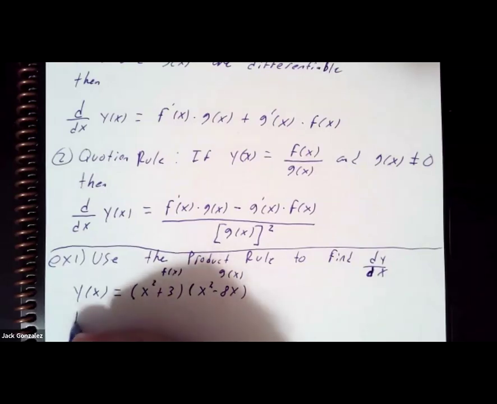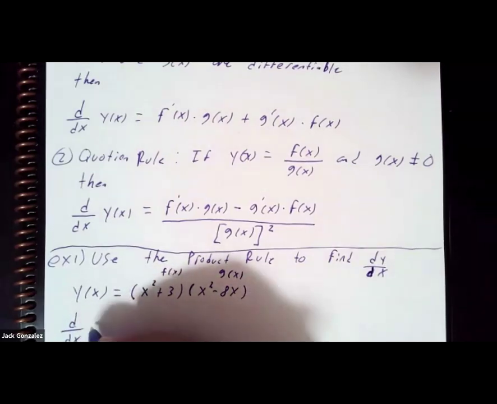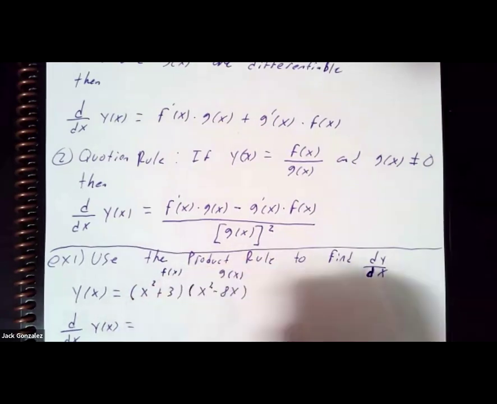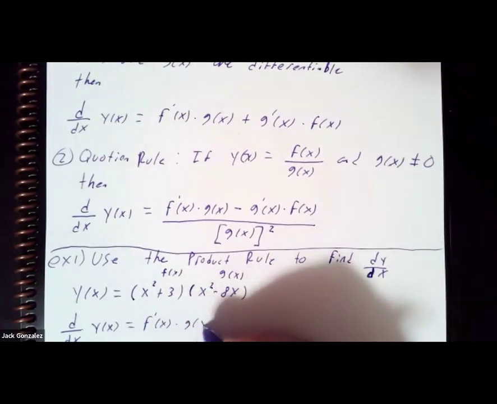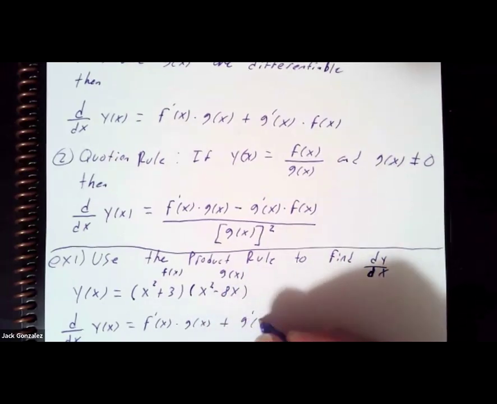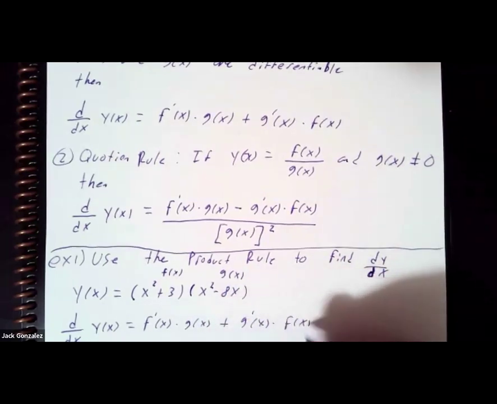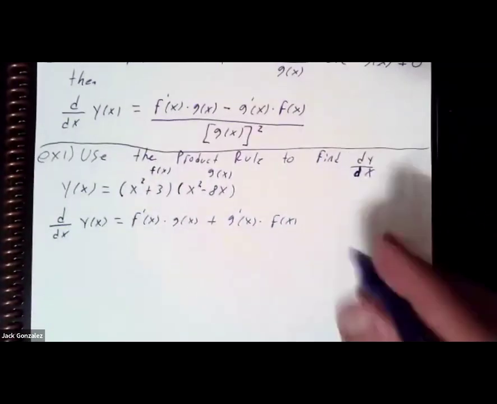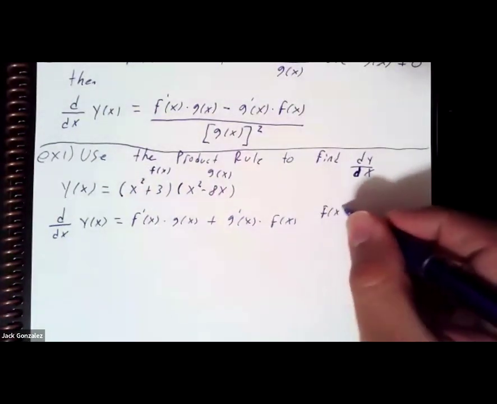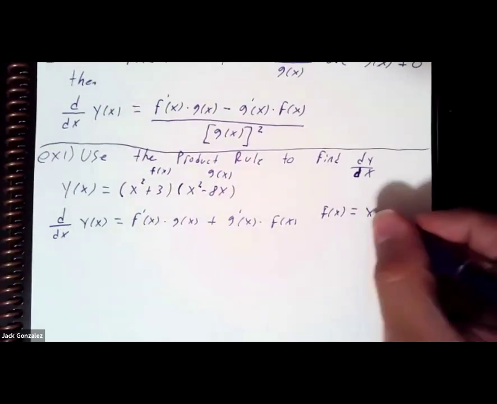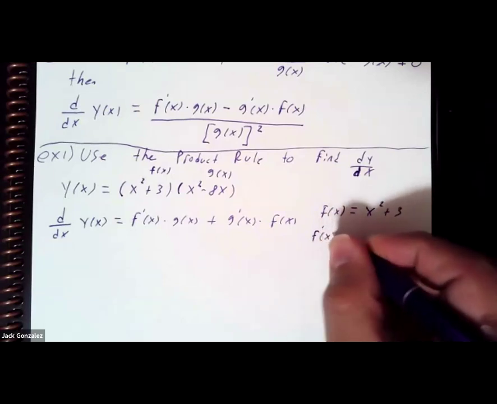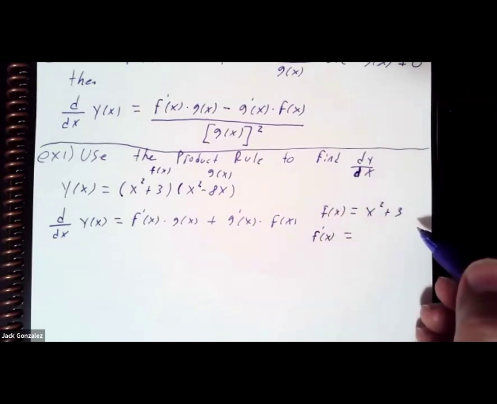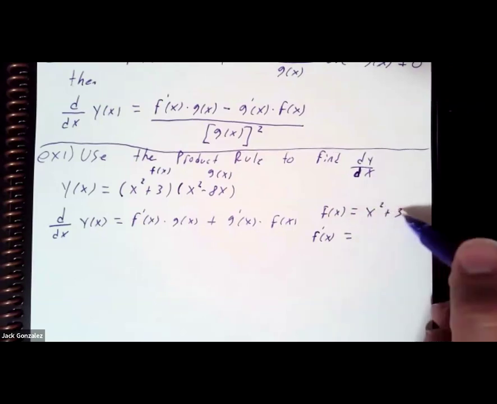So the derivative of y, or dy dx, would be, the formula says, the derivative of the first part times the second part plus the derivative of the second part times the first part. What I recommend is just write them on the side here, just to keep yourself organized, and then you can just plug it in. So there's f. What's the derivative of f here?